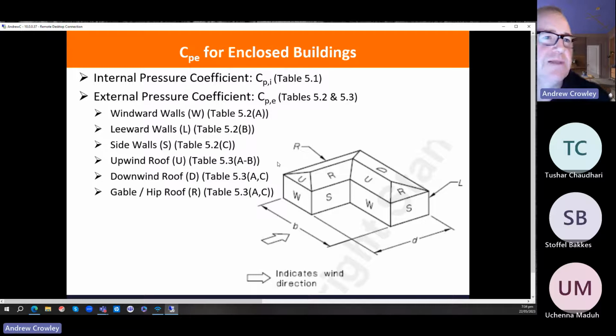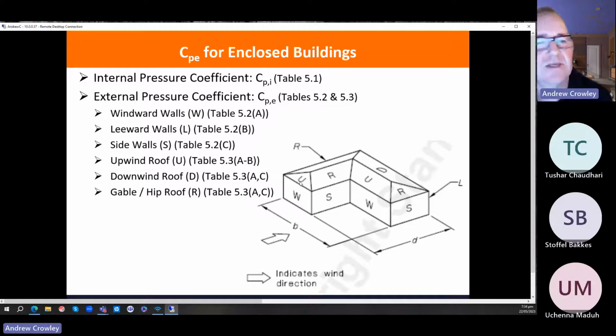So you can read the tables 5.1 to get your CPI, and tables 5.2 and 5.3 to get your CPE. To give you a rough idea of where they're going to apply, you look at these various surfaces: windward, leeward, side, wind up, down, and gable.